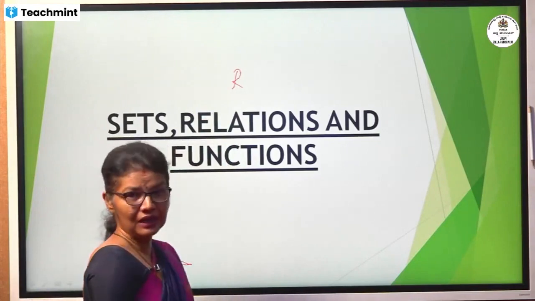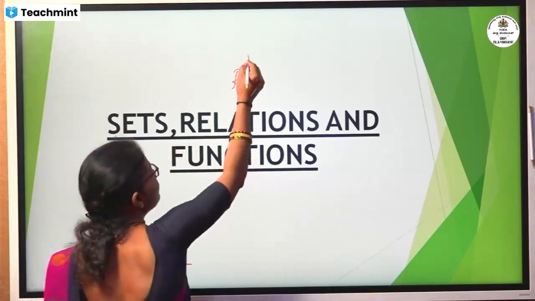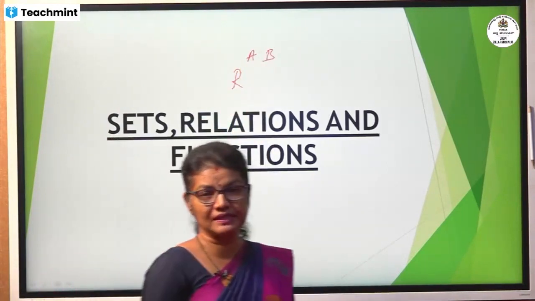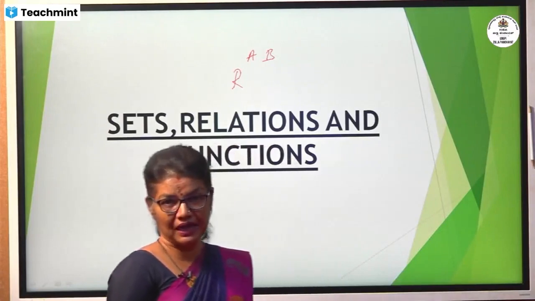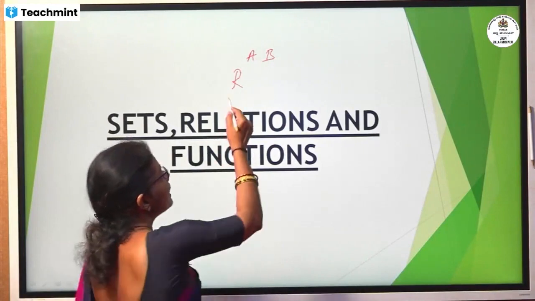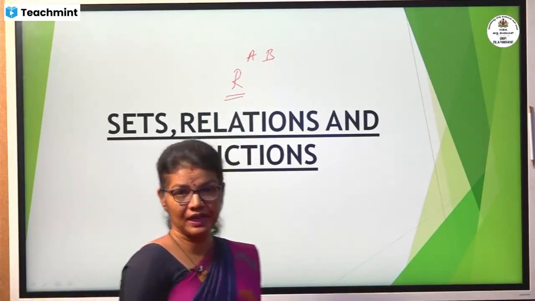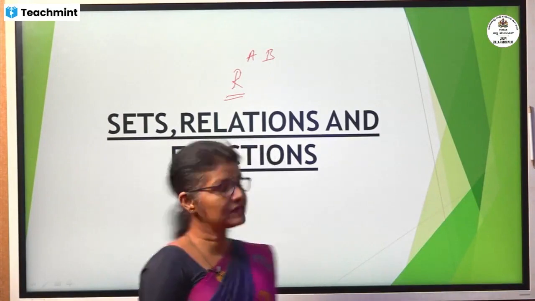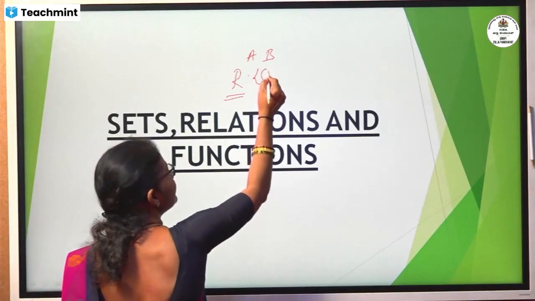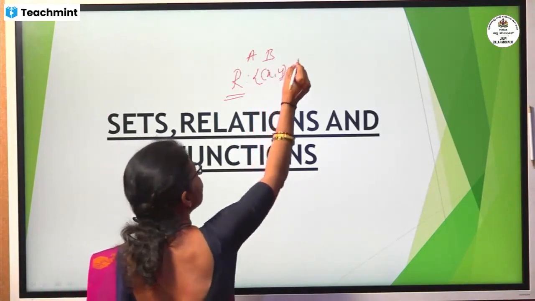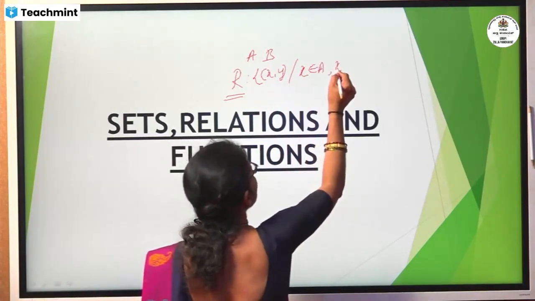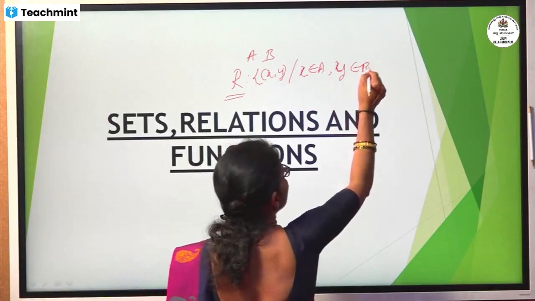Relation R is a subset of A cross B. Suppose we consider set A and set B as two non-empty sets, we know how to write the Cartesian product of A and B, that is A cross B. Then R is a relation from A to B, means it is a subset of A cross B. So R is equal to a set containing ordered pairs (x, y) such that x belongs to A and y belongs to B.